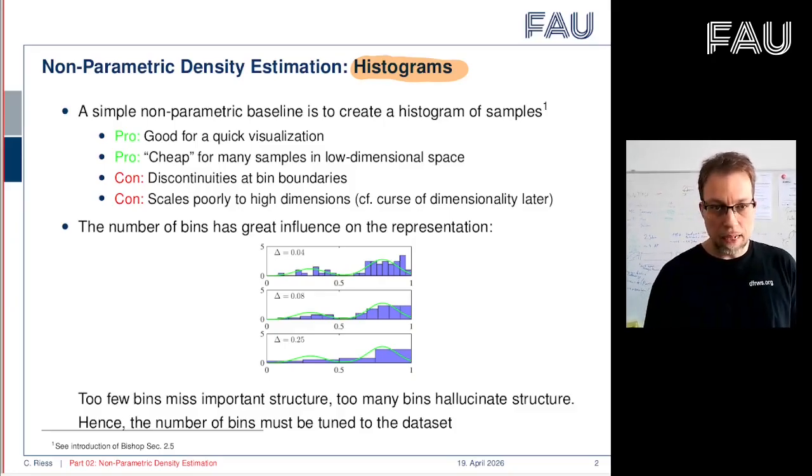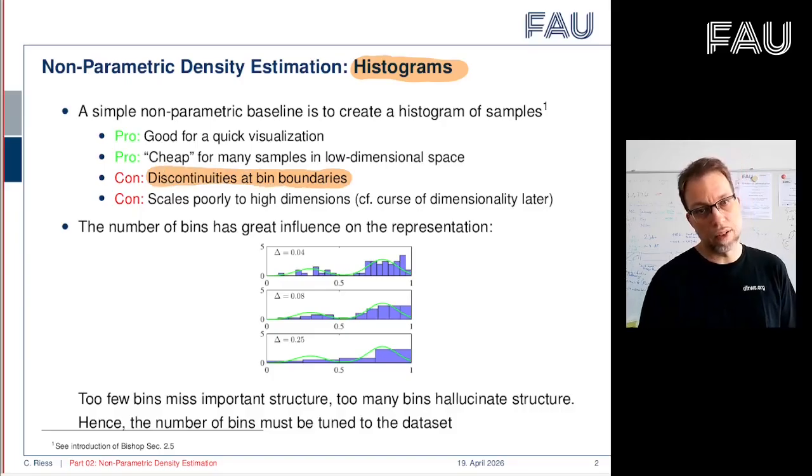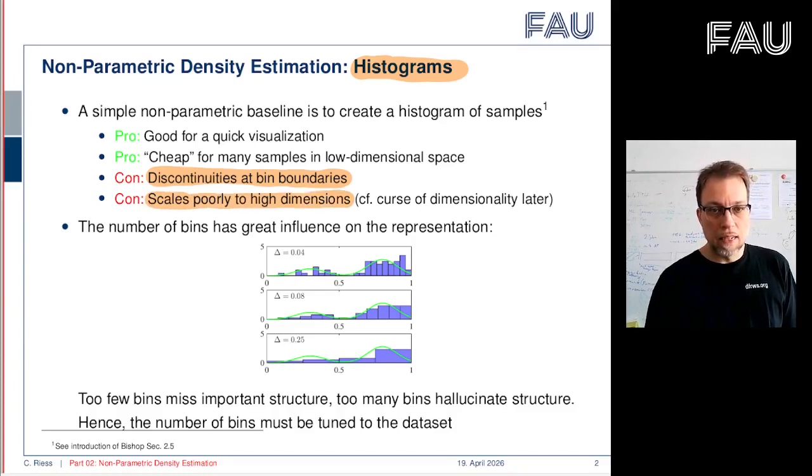So one limitation is at bin boundaries there can be discontinuities, and this can be something that is disturbing depending on what you want to do. I mean, you can smooth this out also if you like, but this is one issue to address. And the second issue is that it doesn't scale very well to higher dimensional spaces.